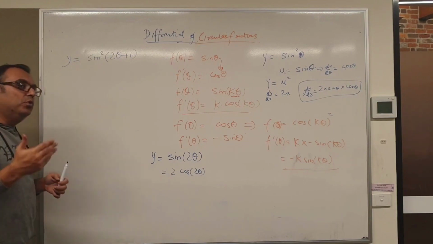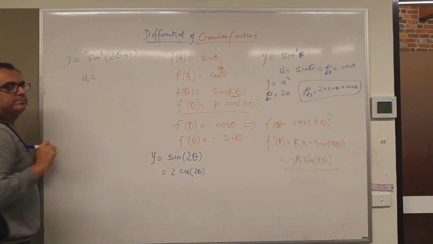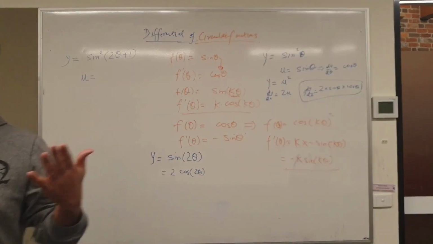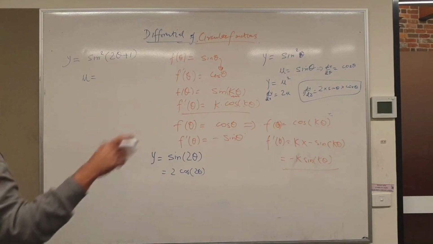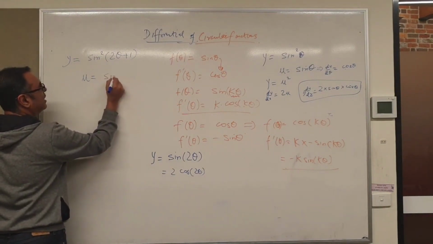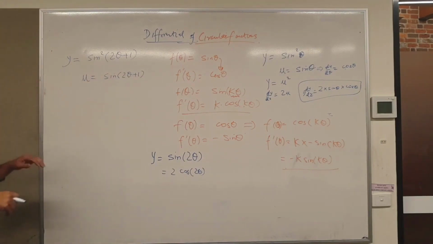What will be u here? Because that's the trick to enter into this question. Sine 2 theta plus 1. Wonderful. Sine 2 theta plus 1 will be u. Now go for it. Aishka, did you get it? What u would be here? Yeah?